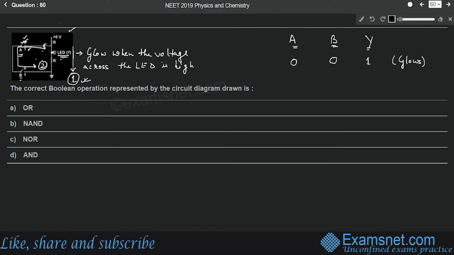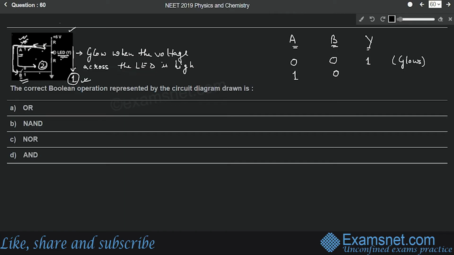Now in the second condition, let's assume that switch A is on, switch B is off. So 1, 0. In this case, current will again come here. It will pass through the first switch because this is on. But when it comes towards switch B, again it will be stopped, because this switch is off. Again, current will not be able to follow this complete path, so it will move through the first path only.